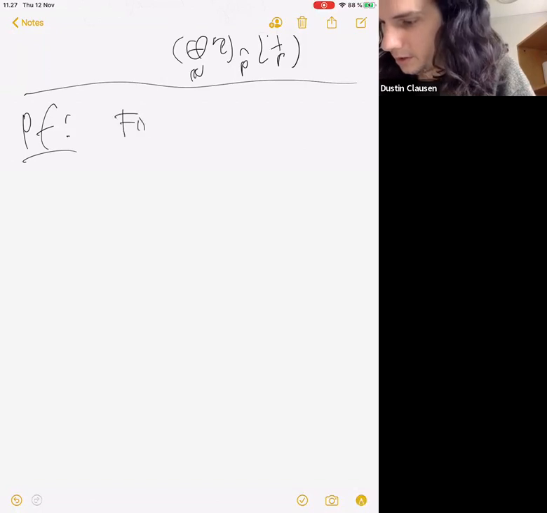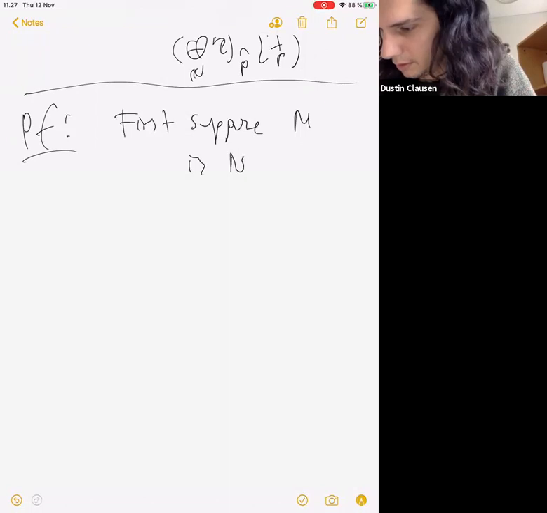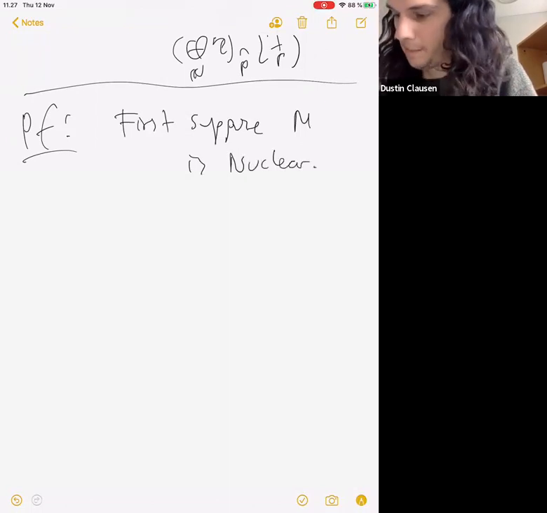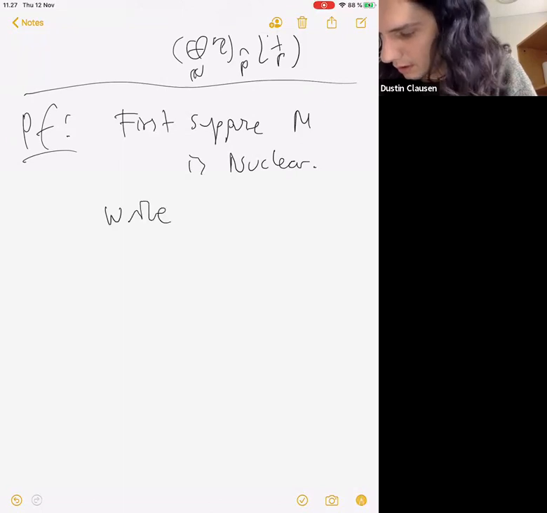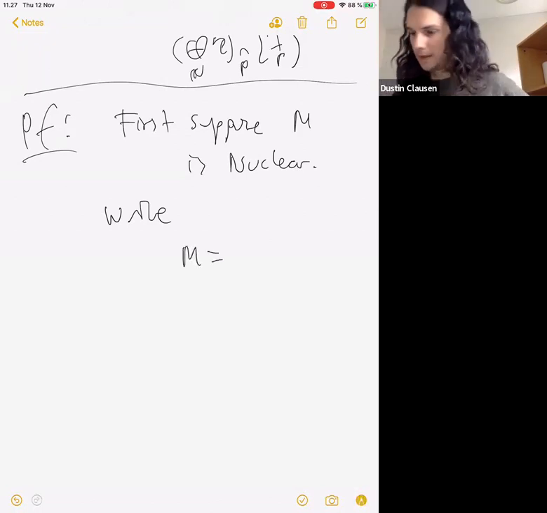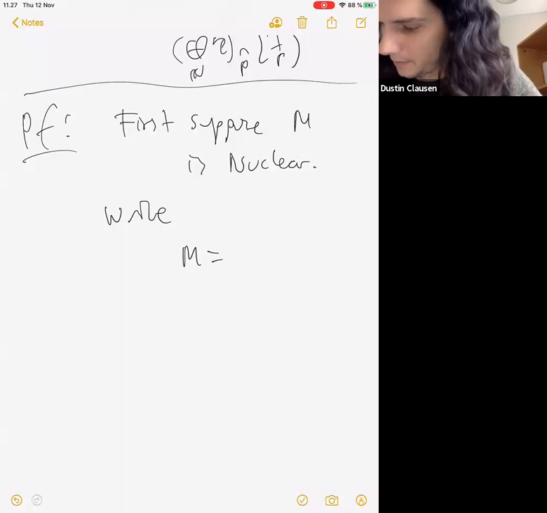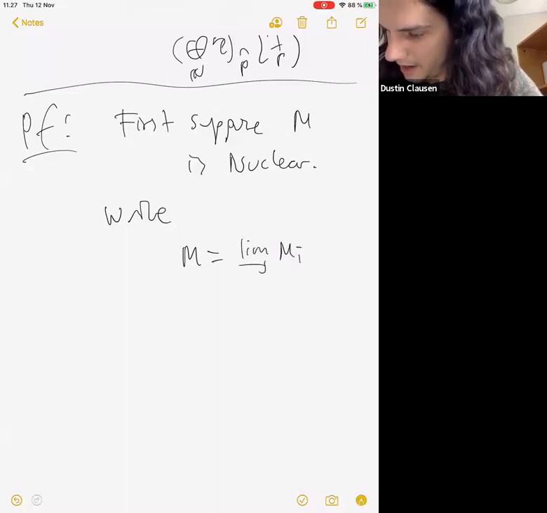First, suppose M is nuclear. Then write M as a filtered colimit of MIs, where MI are compact objects.